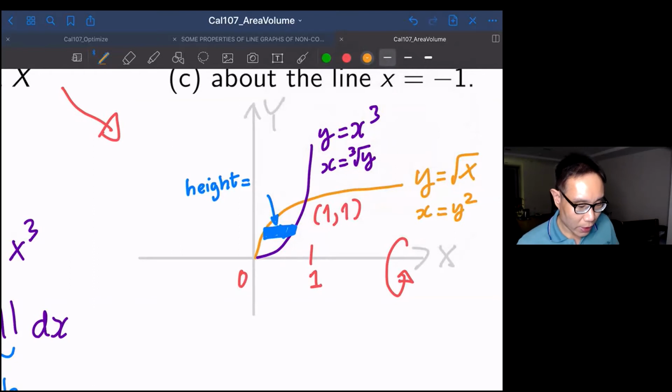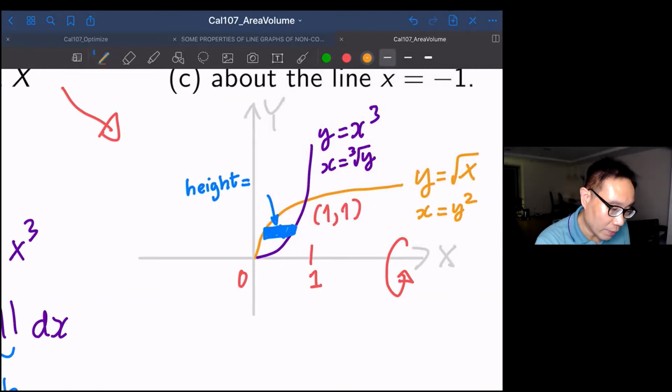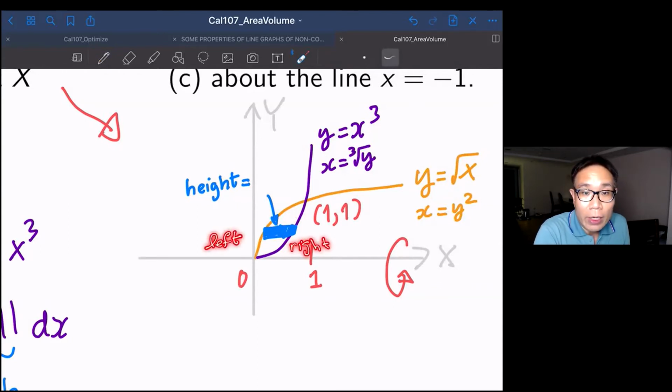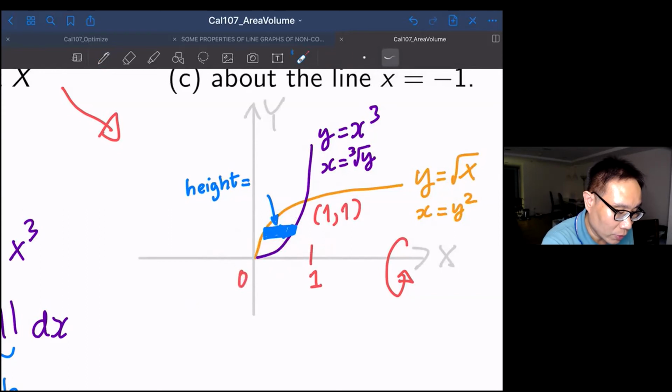Why do I need to solve for x? Because you're gonna need this. You're gonna see that this one will be the right, and this one will be the left. The right is gonna be more positive than the left, so the right subtract the left gives you the height in this case. So the height is gonna be right minus left.